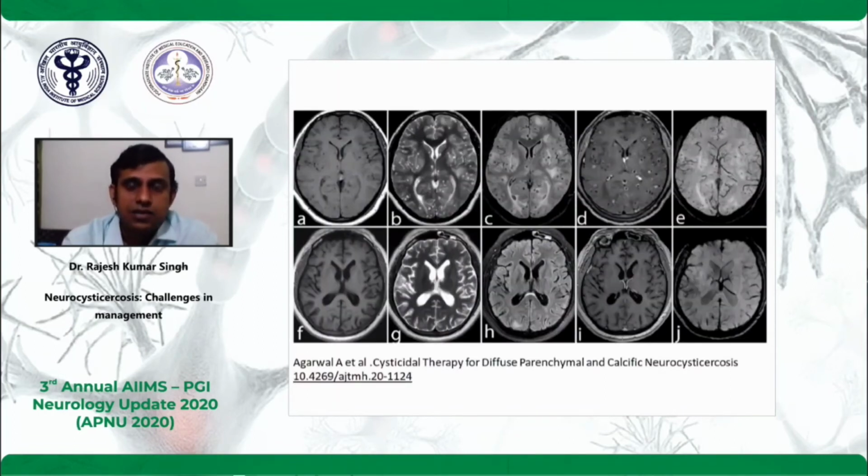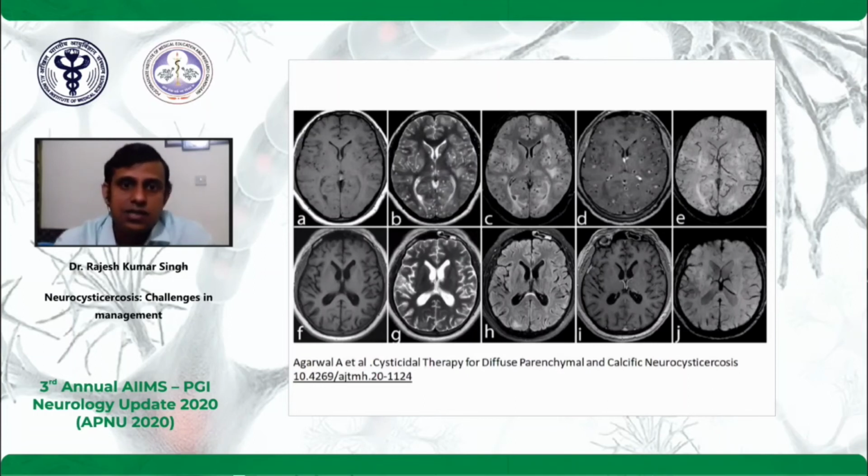This was the case series recently published by one of our colleagues, Ayush Agrawal. They had 3 patients of NCC with more than 20 lesions in the brain, and they gave dual therapy. Dual therapy at present, as per IDSA guidelines and the trial, was restricted to 20 lesions only.